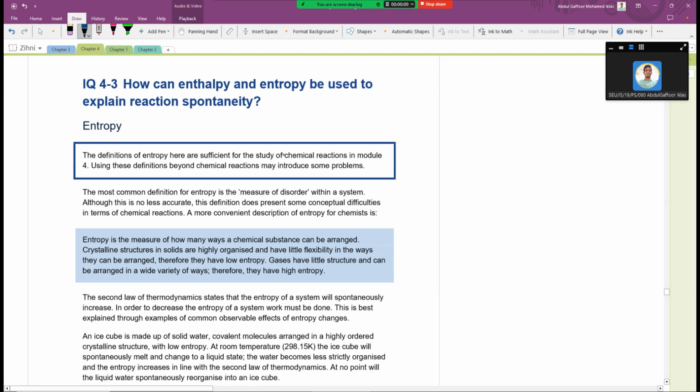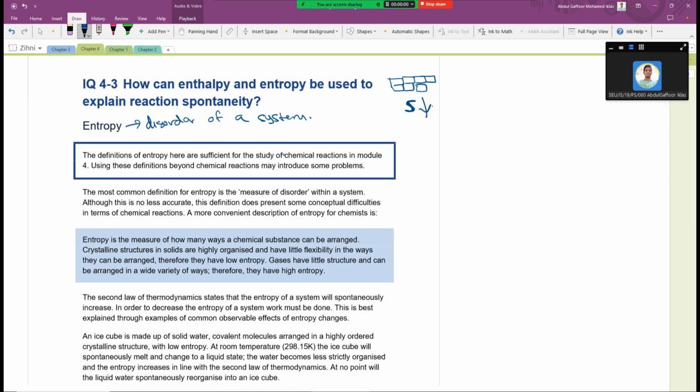So entropy means disorder, right? Disorder of a system. We have already studied a system, right? So for example, let's say there is a wall of bricks, and the bricks are arranged in order. Entropy is denoted using the letter S, so S is less.